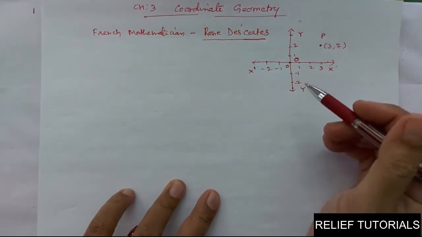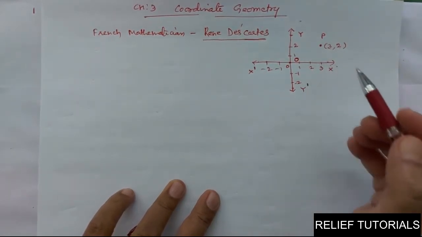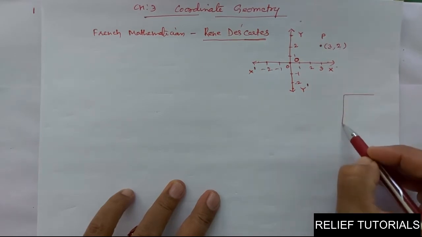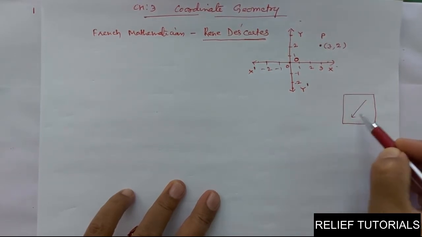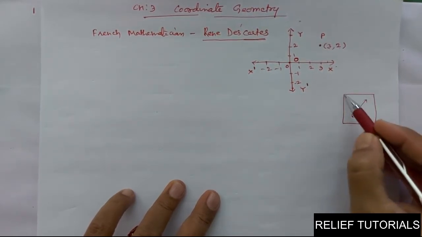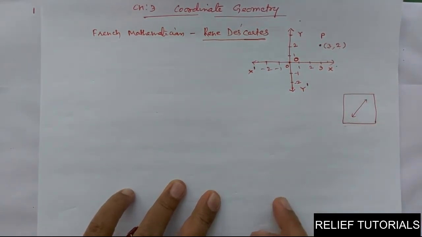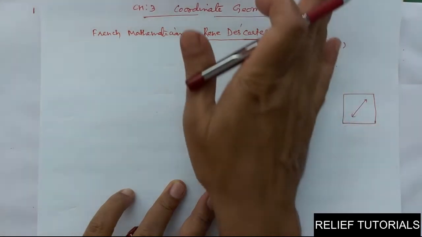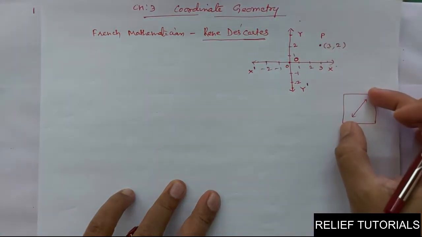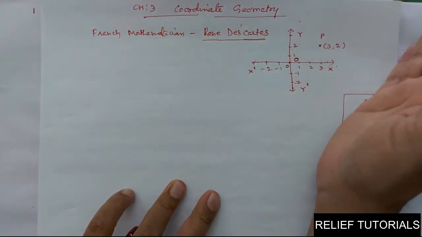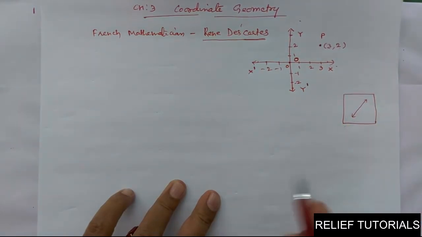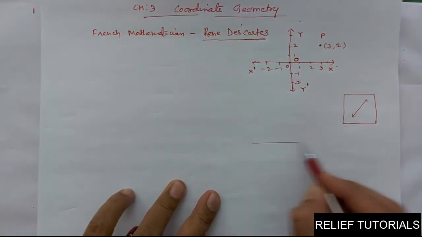And we have learned in lower standards that two intersecting lines determine a unique plane. Through this plane you can pass infinite lines. For example, if this is a line, you can pass one plane through it. Plane means page. Suppose you draw this big line.